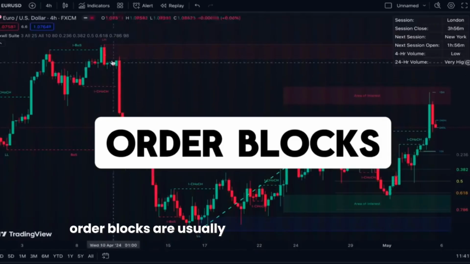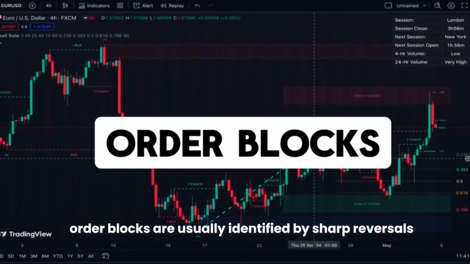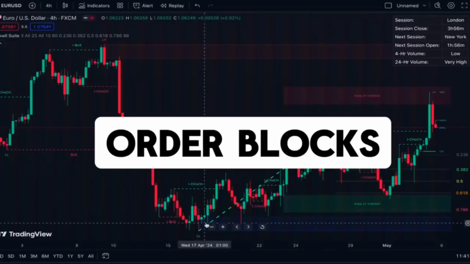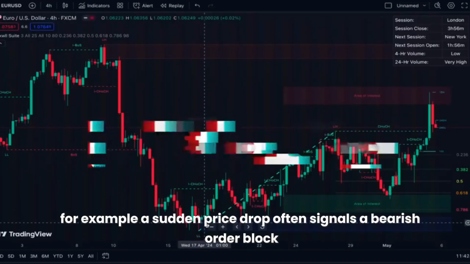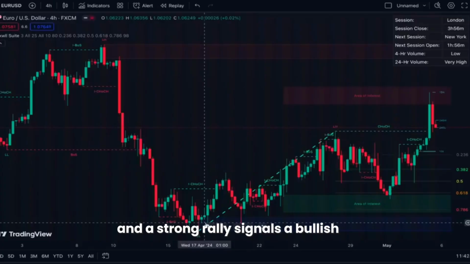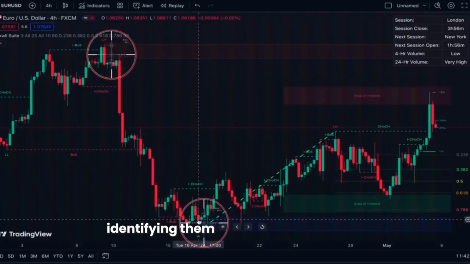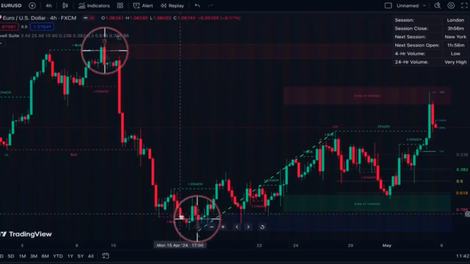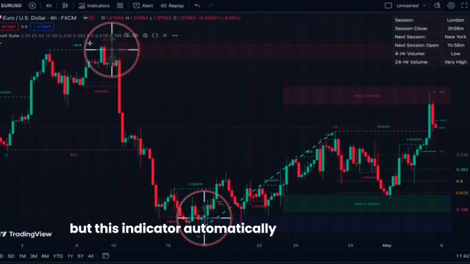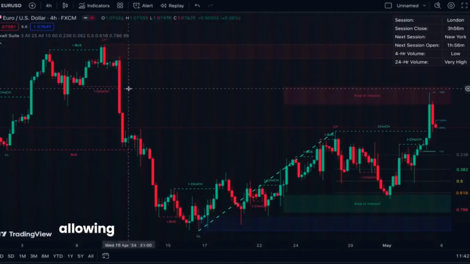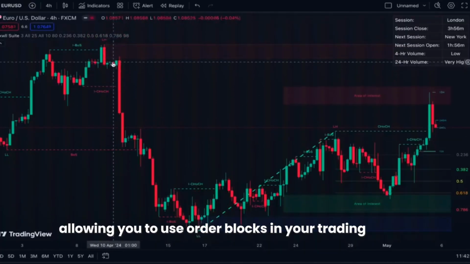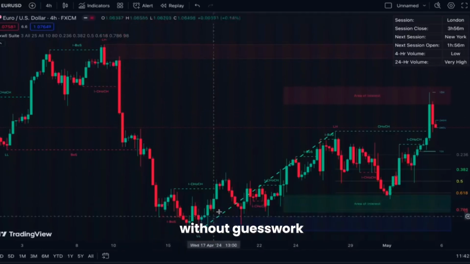Order blocks are usually identified by sharp reversals or strong directional candles. For example, a sudden price drop often signals a bearish order block, and a strong rally signals a bullish one. Identifying them manually takes practice, but this indicator automatically detects them for you, allowing you to use order blocks in your trading strategy without guesswork.